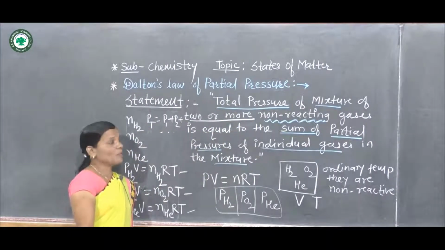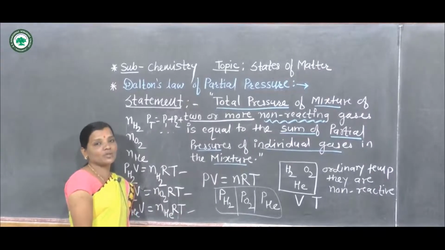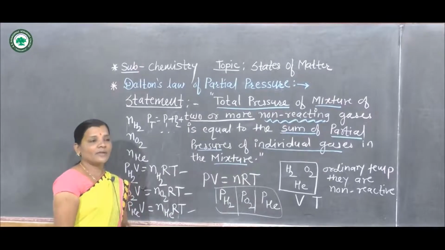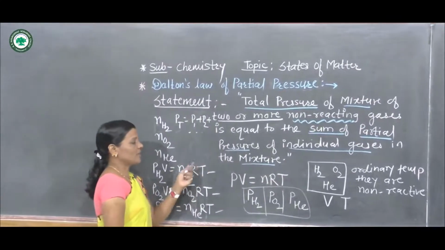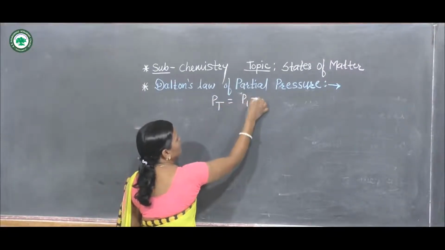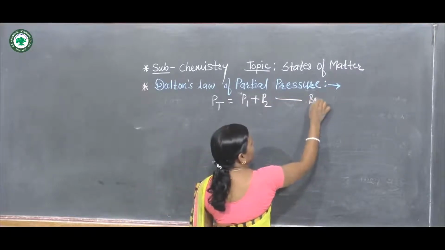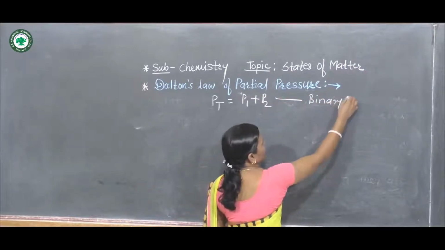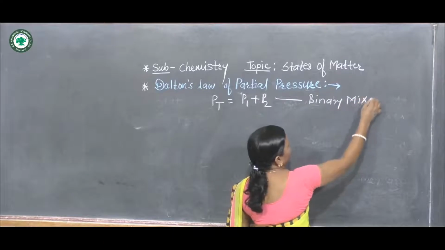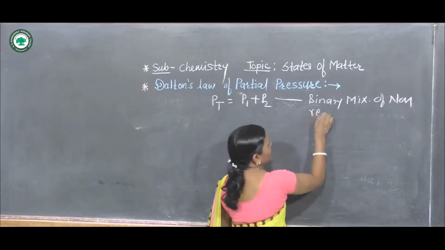If we want to prove PT is equal to P1 plus P2 for a binary mixture of gases, we can prove it from these equations in this way. We have to prove PT is equal to P1 plus P2 for a binary mixture of non-reacting gases.